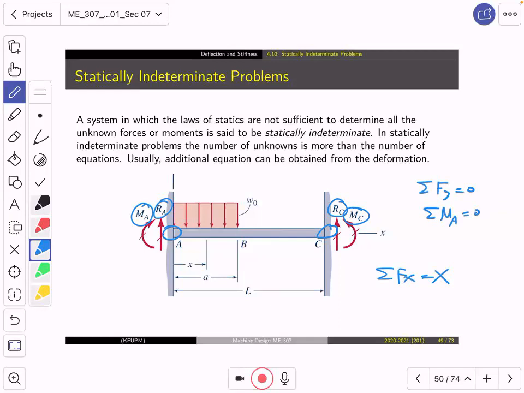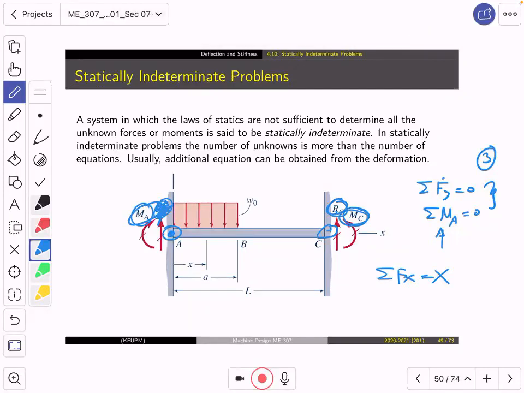But these two equations will still have 3 unknowns. You will not be able to solve the problem. This equation will have RA and RC, that's 2 unknowns. In the moment equation, even if you take the moment right here at A, A will not make a moment, but you will have MA, RA multiplied by the distance, and MC.